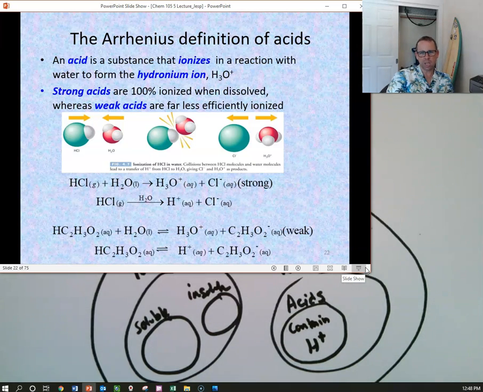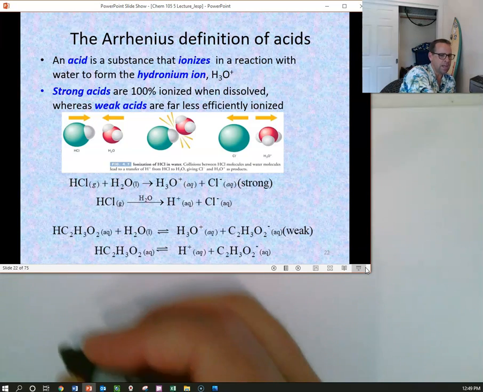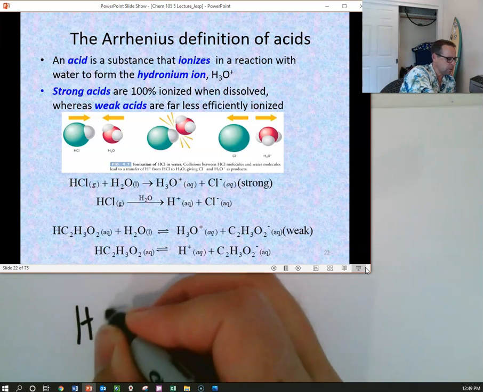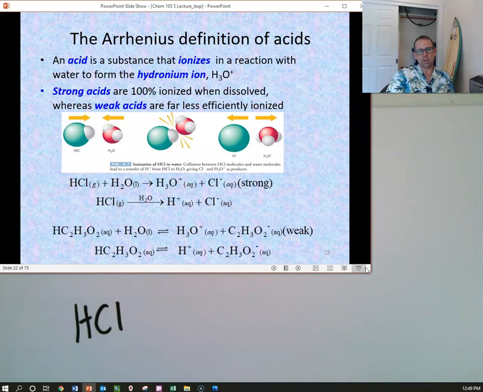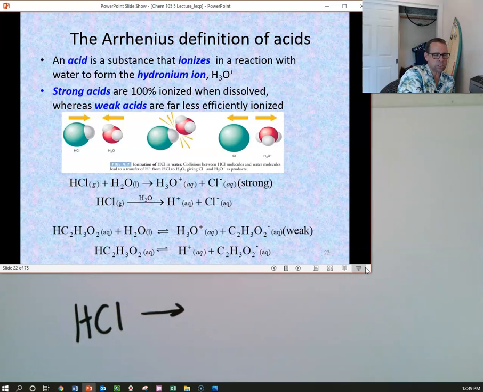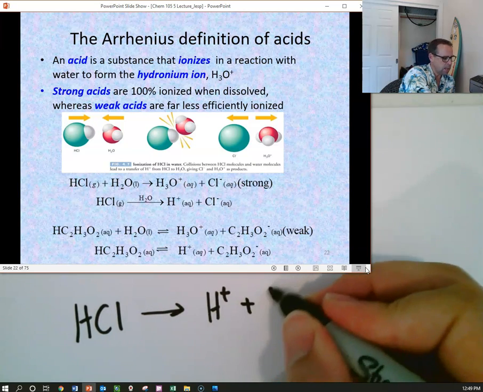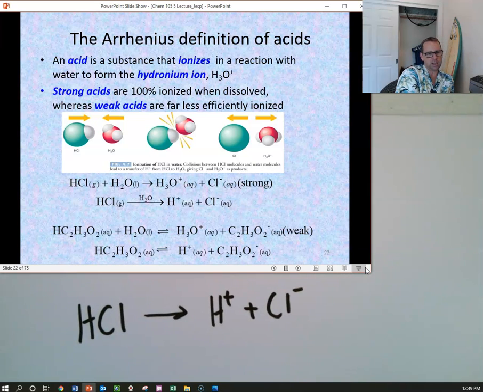So let's look at an example of one of these acids that dissociates when you put it into water. The acid that we're going to talk about first is HCl, or hydrochloric acid. When this dissociates, just like the ionic compounds we've talked about, we get an H plus ion and a Cl minus ion.